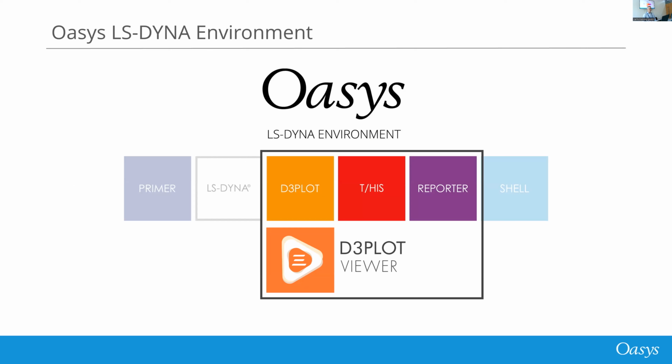And you'll see examples of all of these later in Rory's presentation. Finally, we have D3Plot Viewer, which is our new 3D web viewer for viewing LS-DYNA results. So if you want to share your results with a third party, they can use D3Plot Viewer to examine them themselves.